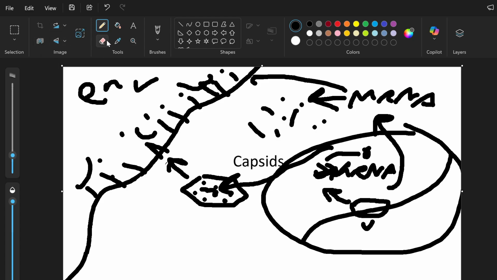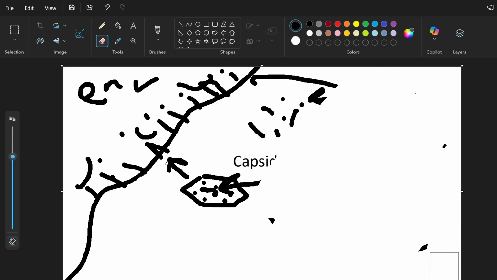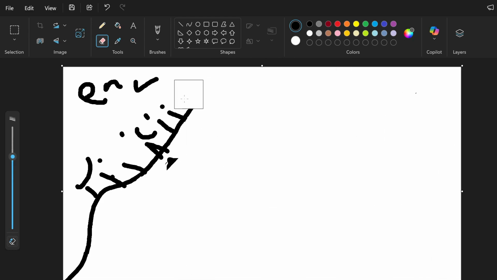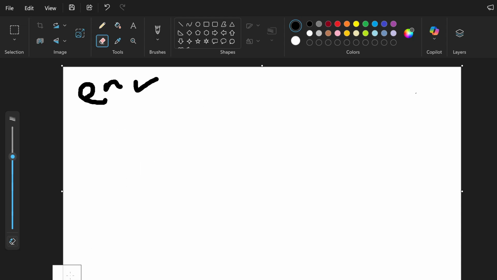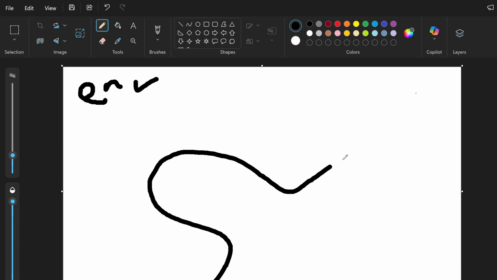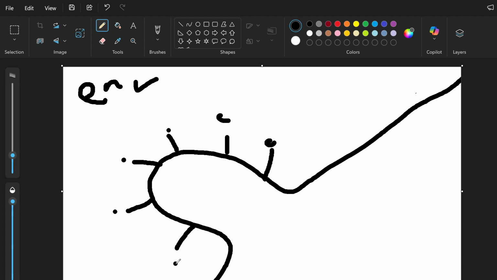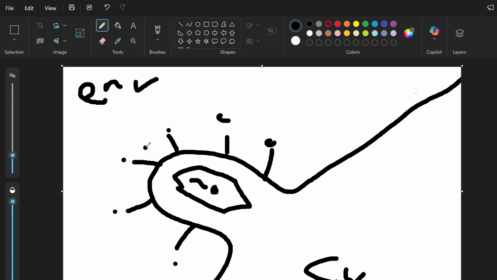And this will reach the outer cell. Once that happens, this will be able to leave the cell. This is the environment. Here's the cytoplasm. Here's the capsid. This is going to get out of here, and we're going to have little HIVs running in the background.